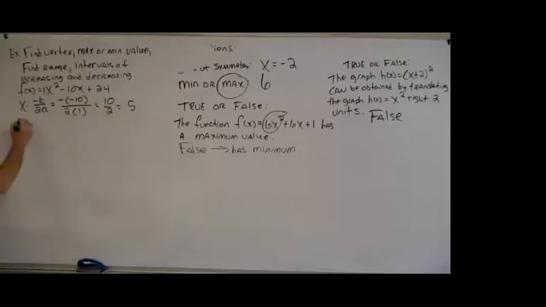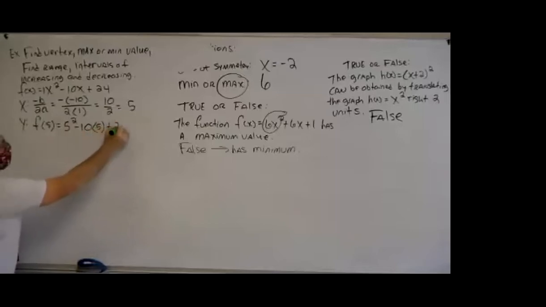So now we want the y value, which is going to be f of 5. Now, right now, I'm worried about the x squareds because I'm plugging these 5s in for the x squareds. So here, when I put a 5 in, I'm going to get a 5 squared minus 10 times the x, which is a 5, plus 24. Okay? It's just when they made the formulas, we didn't have to worry about the variables.